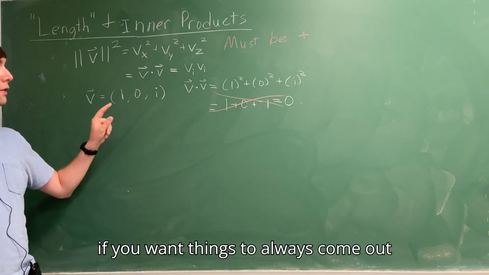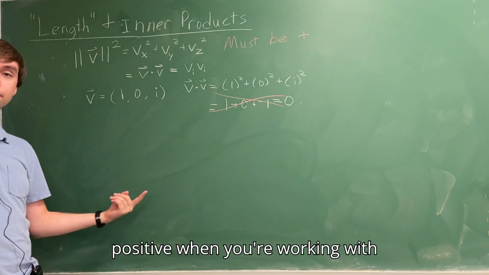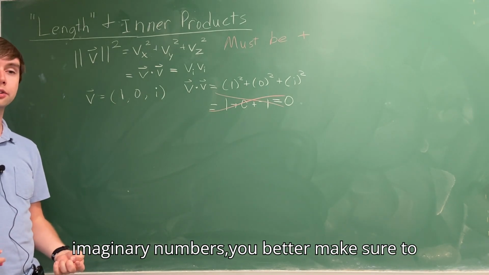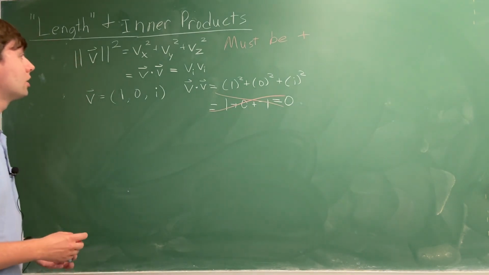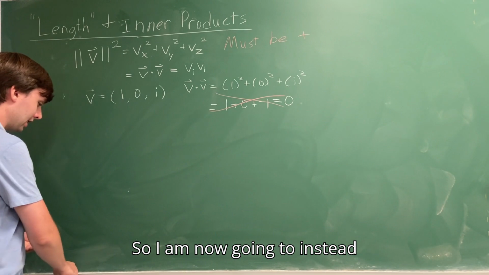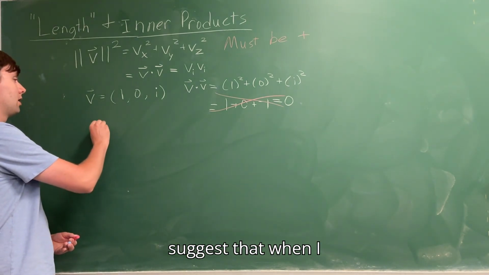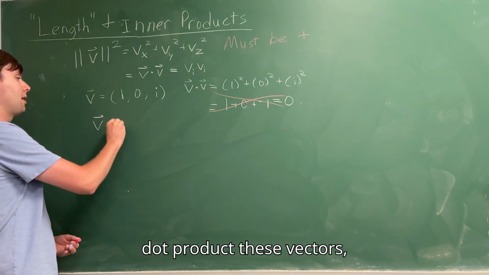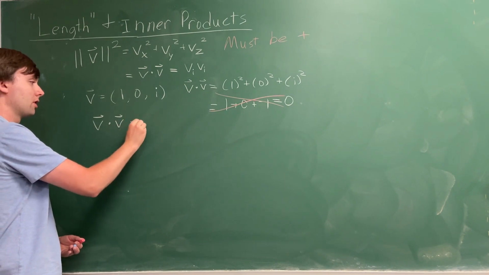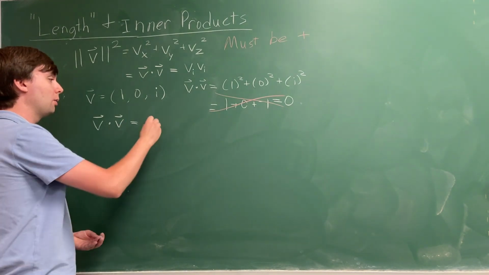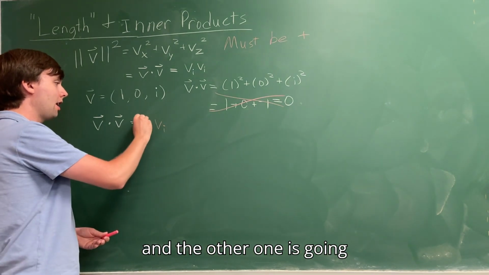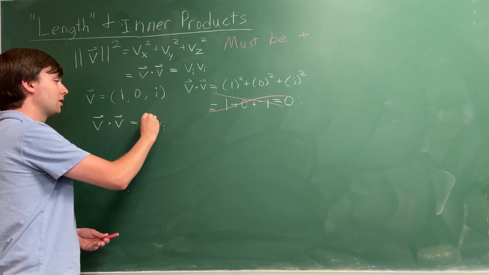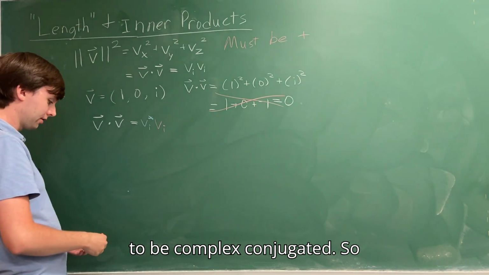That kind of screws everything up if length can now be negative. So if you want things to always come out positive when you're working with imaginary numbers, you better make sure to complex conjugate things. So I am now going to instead suggest that when I dot product these vectors, one of them is going to be normal, and the other one is going to be complex conjugated.